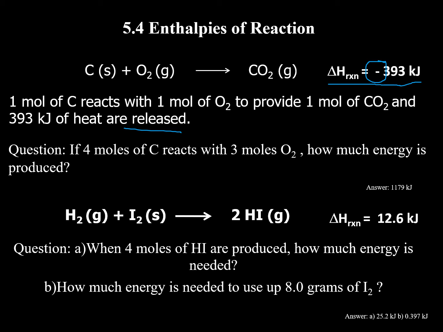If you read, we have to use a limiting reactant situation here. So we have 4 moles of C, using our balanced chemical equation. For every 1 mole of carbon on the bottom, 1 mole of CO2 on top, this gives us 4 moles of CO2.